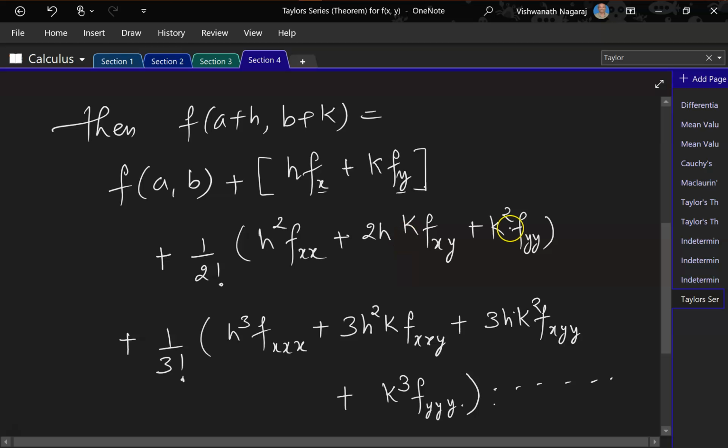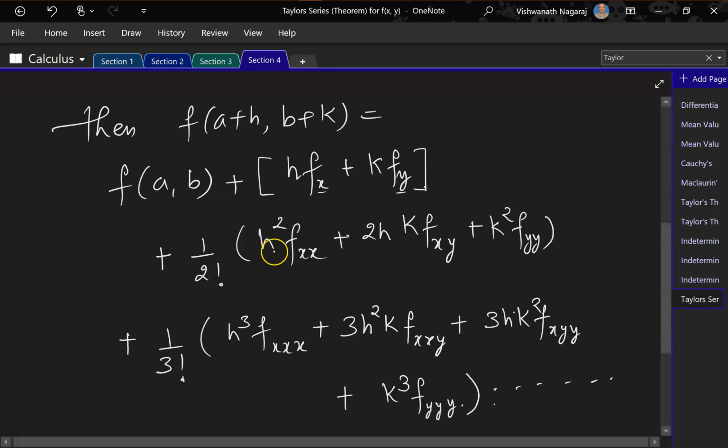Here it is 1, 2, oh sorry, 0, because it is not there. Yes, 3, 2, 1 and 0. So the exponent of h is reducing and k is increasing.